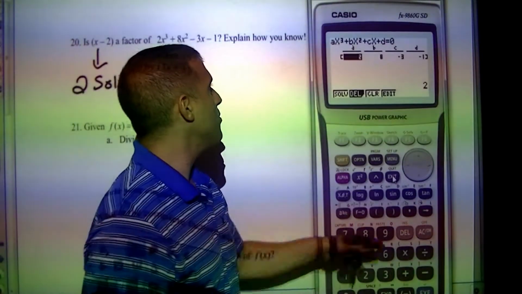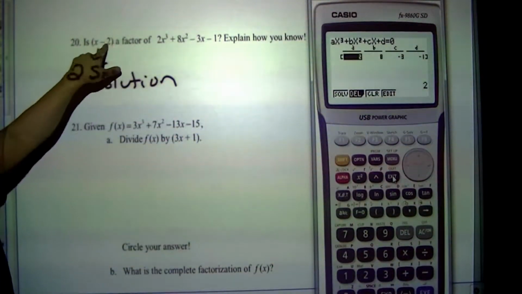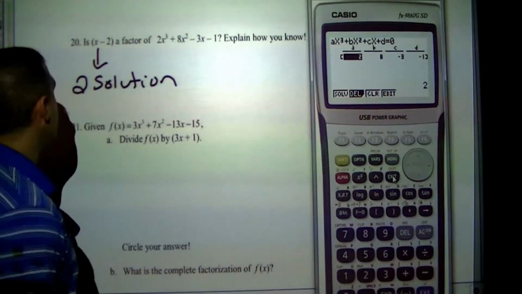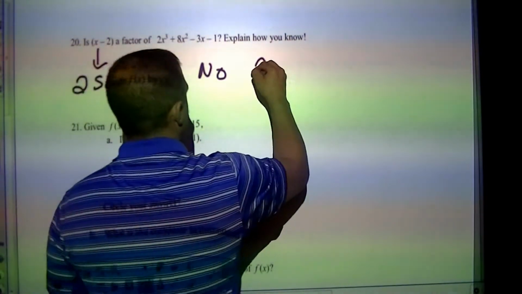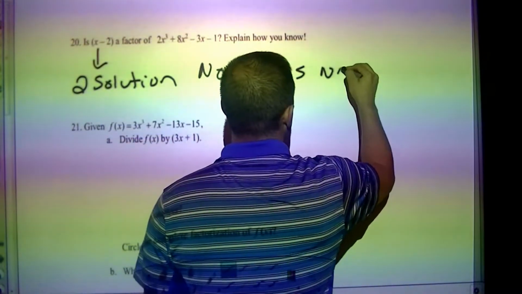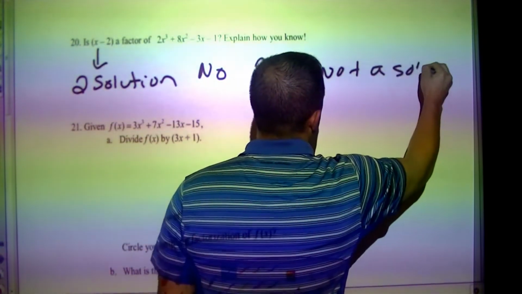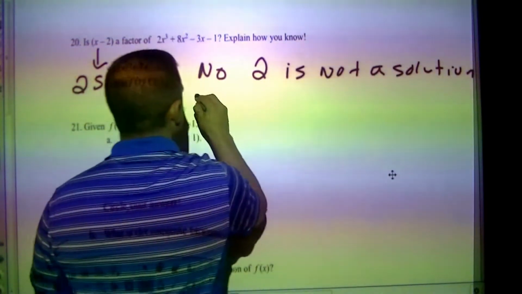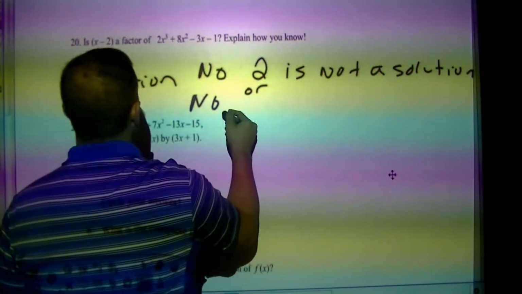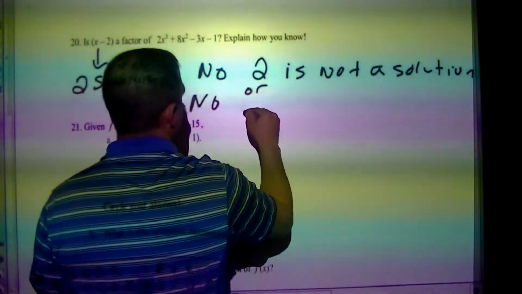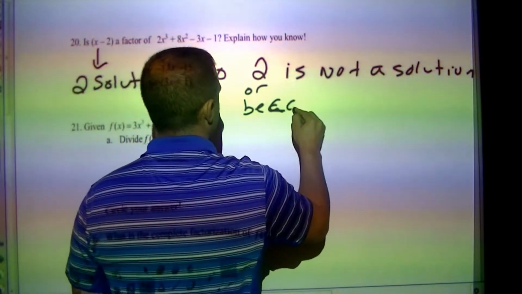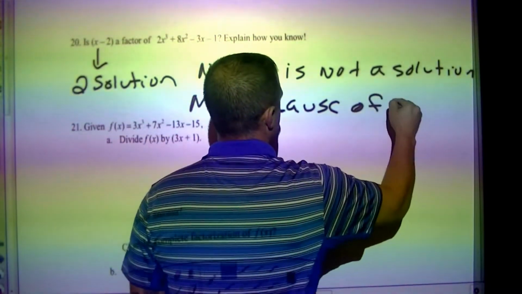The other way you could do it is divide this and see if there's a remainder. So that answer is no, because 2 is not a solution. Another type of answer would be no, because of the remainder.